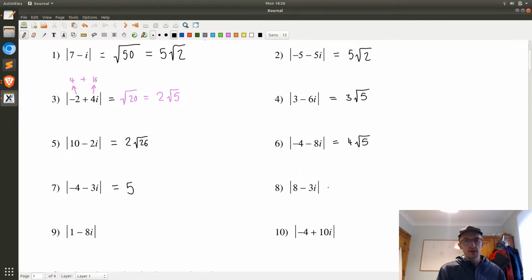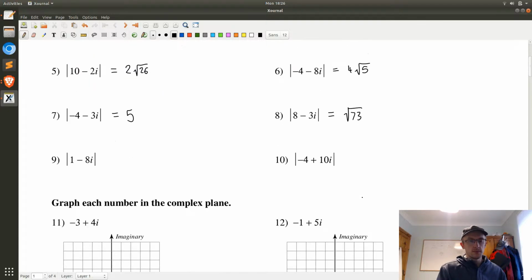So we just say 5. 64 add 9 is 73, which is a prime. 1 add 64 is 65, which is 5 times 13, which cannot be simplified. 16 add 100 is 116, which is 4 times 29. So 2 root 29.